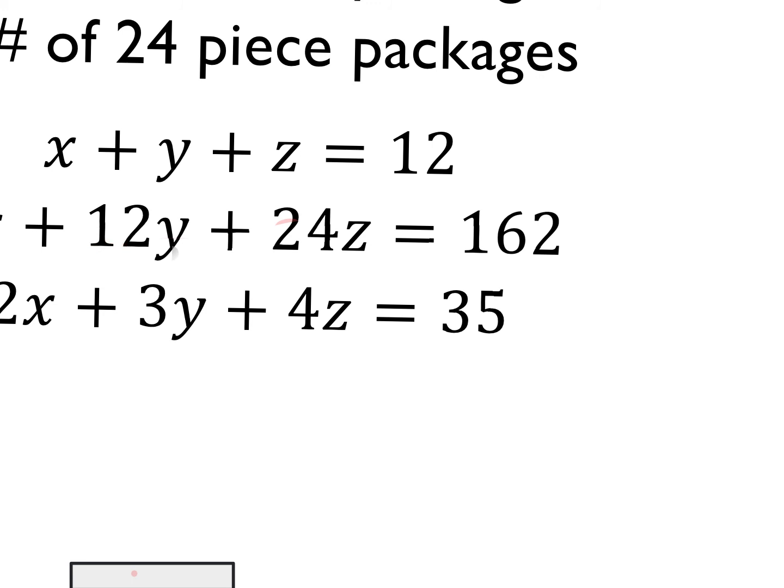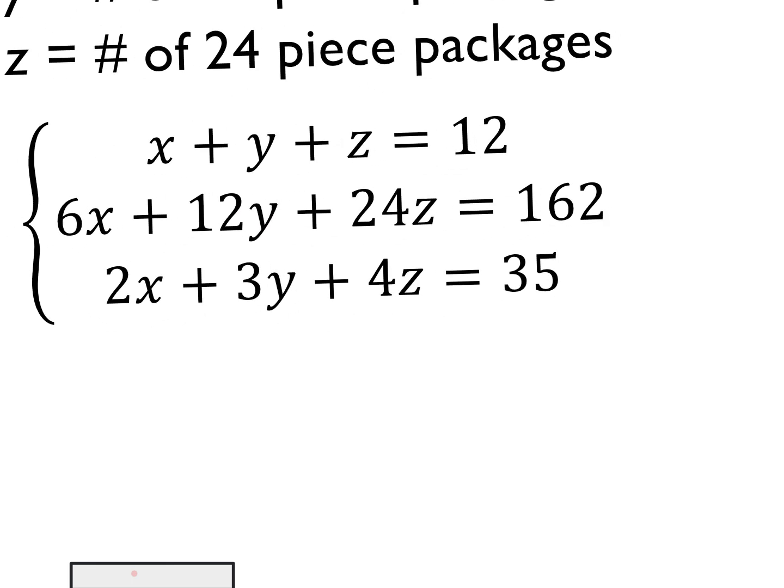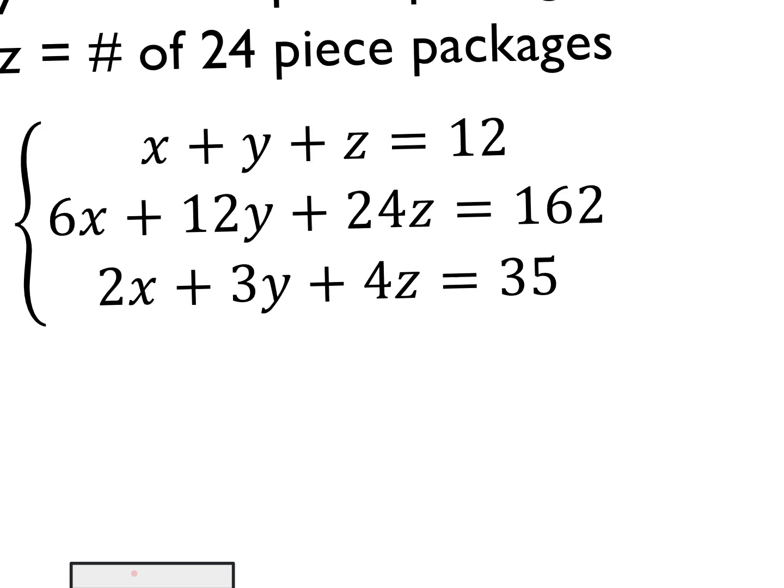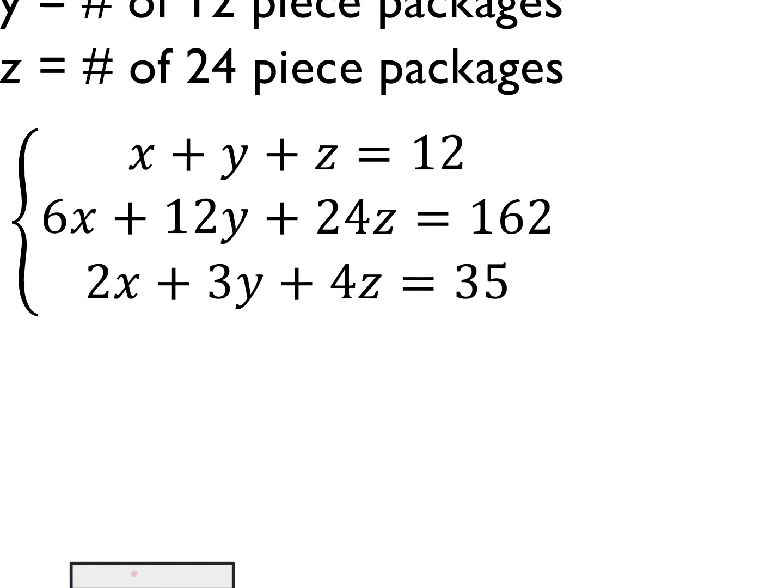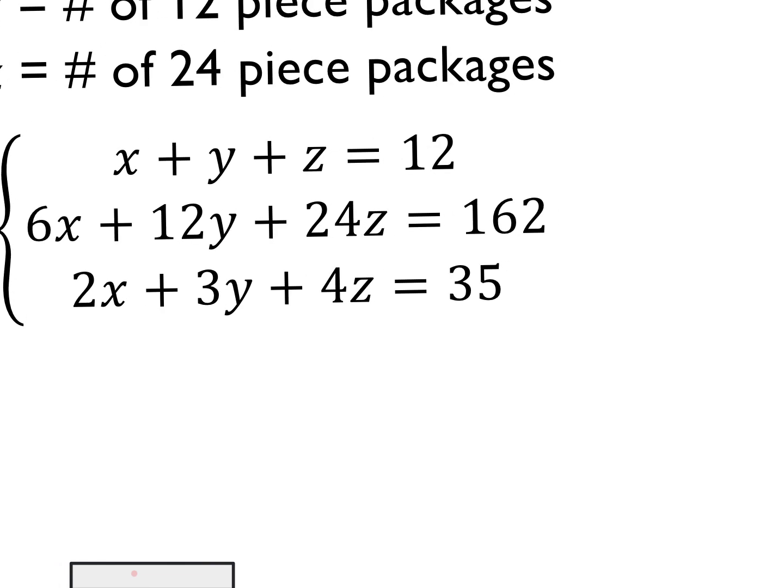Of our system, we have to ask ourselves which variable is easiest to eliminate. I would probably go with x. So if that were the case, I'm going to multiply equation 1 by negative 6. Negative 6x minus 6y minus 6z equals negative 72.